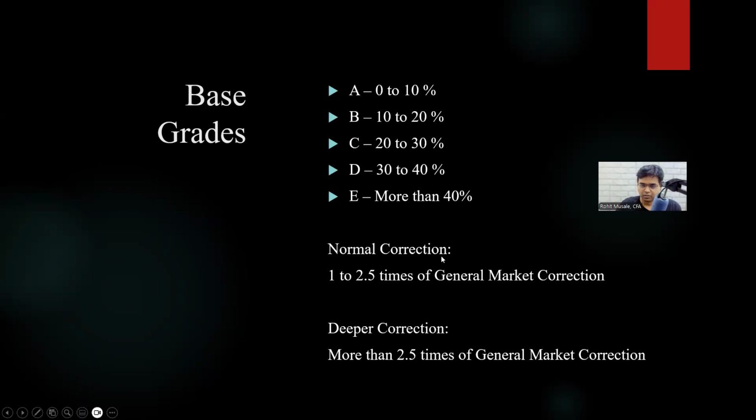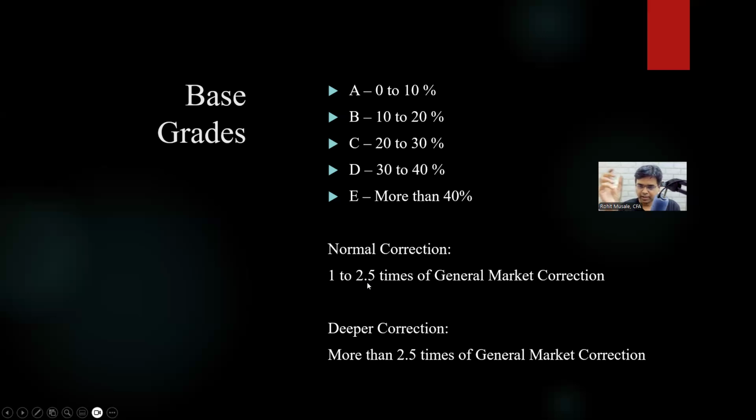See, a normal correction in a stock is if it goes down 1 to 2.5 times the general market. So for example, if the general market is correcting by 10%, so let's say Nifty is correcting by 10%, and the stock corrects by, let's say, 10% or 25%. 10% correction means 1 times the general market correction. 25% correction means 2.5 times the general market correction.